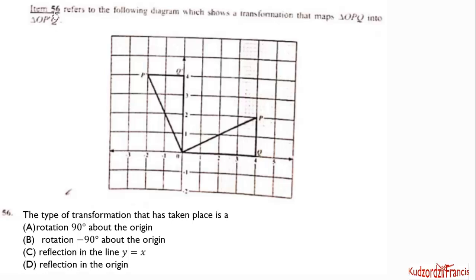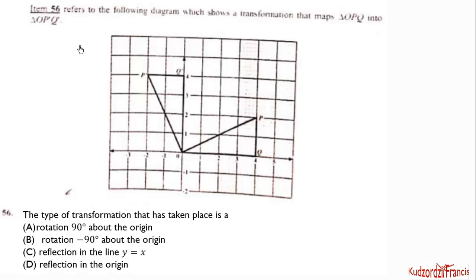item 56. It refers to the following diagram, which shows a transformation that maps triangle POQ into triangle OP prime Q prime.